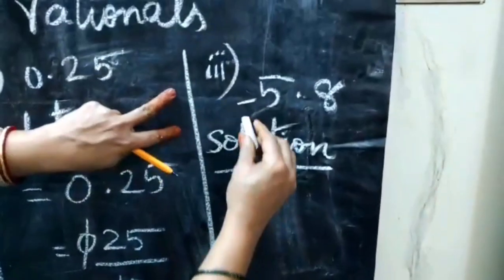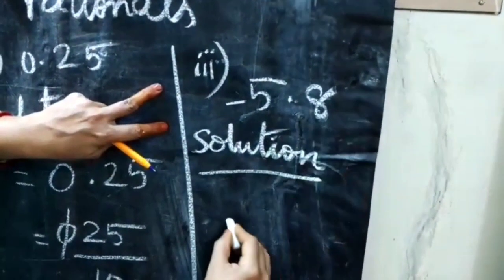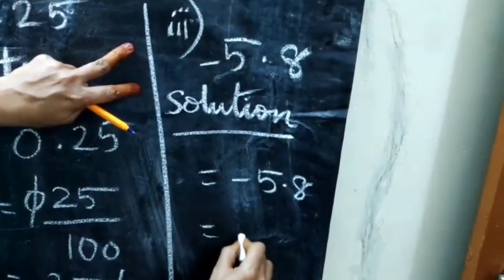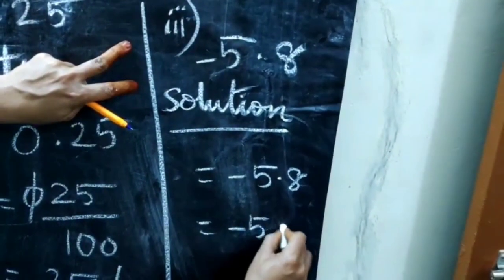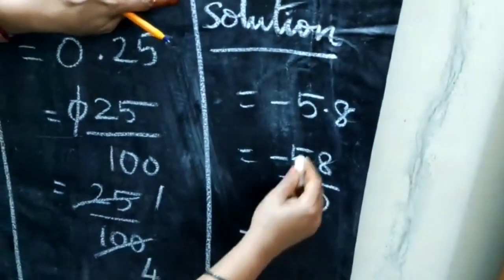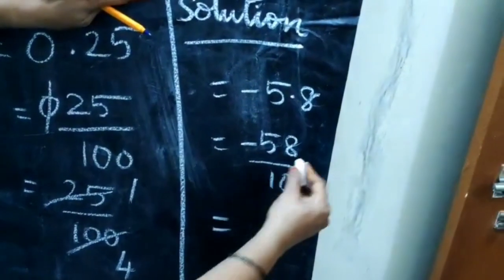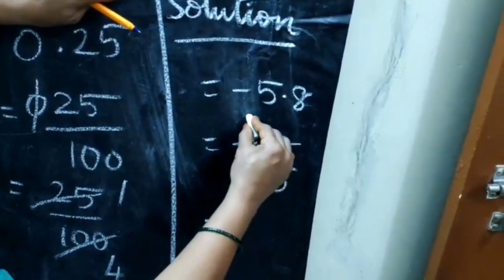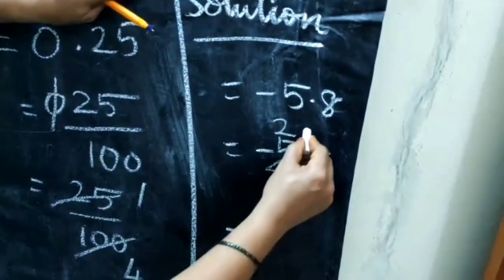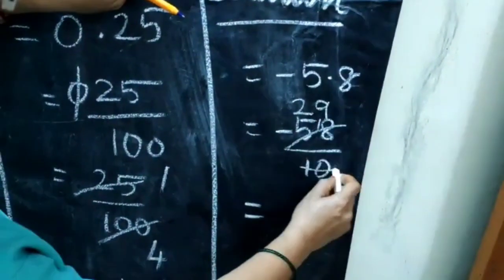Next question: minus 5.8. Remove the decimal point. You write 58. Point after one digit, you write by 10. These two numbers are possible in which table? The 2 table. 1 2 is 2, 2 2s are 4, remaining 1. 1 and 8 make 18. 9 2s are 18. 5 2s are 10.